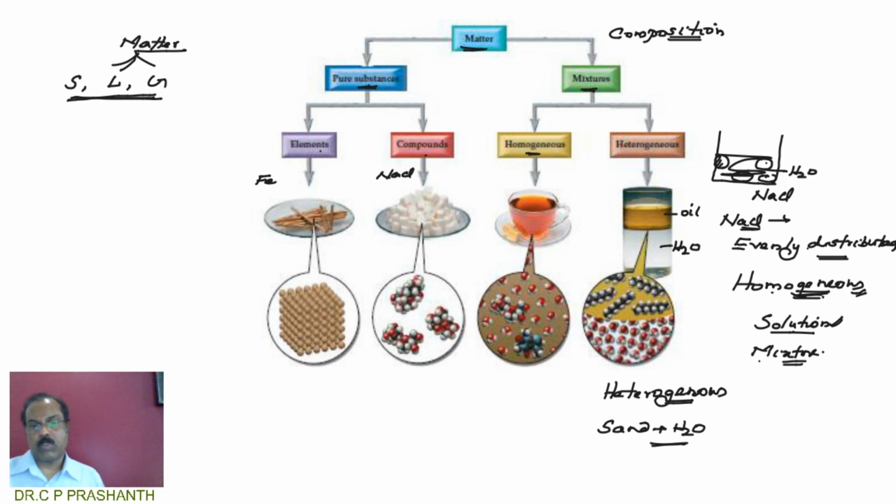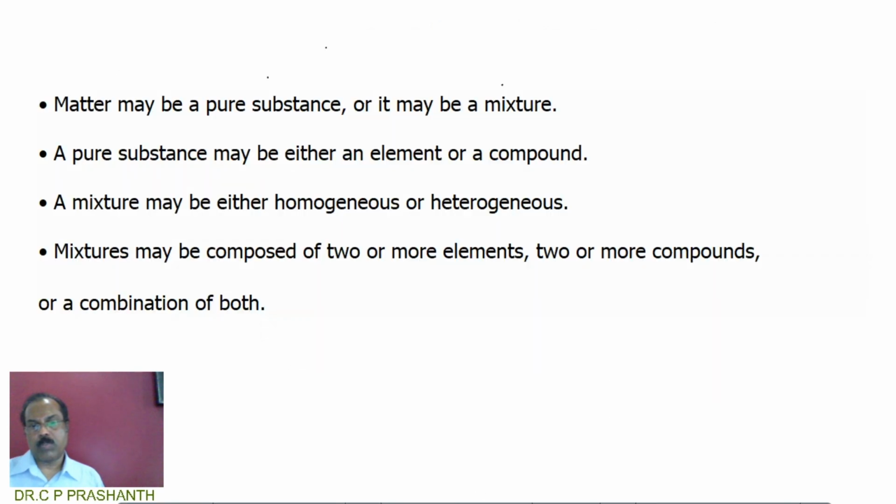Let us summarize. We have learned that matter may be a pure substance or it may be a mixture. Pure substance may either be an element or a compound. Mixture may be either homogeneous or heterogeneous.